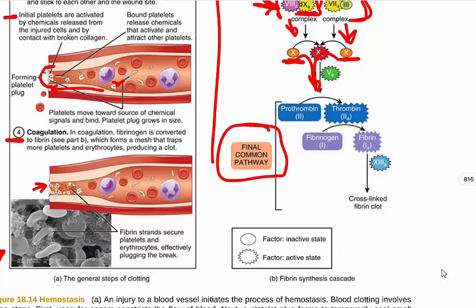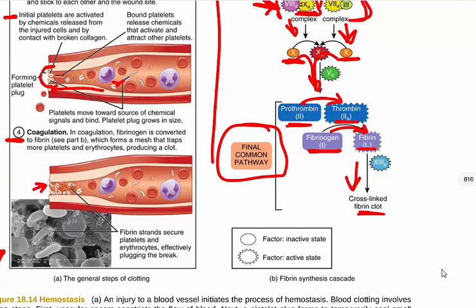The enzyme prothrombokinase, or prothrombin activator, is going to convert the inactive prothrombin into thrombin. So we see that activation here. We have our thrombin then is going to convert our fibrinogen into fibrin, and then the insoluble fibrin is going to then be a part of our cross-linked fibrin clot, so that webbing factor.